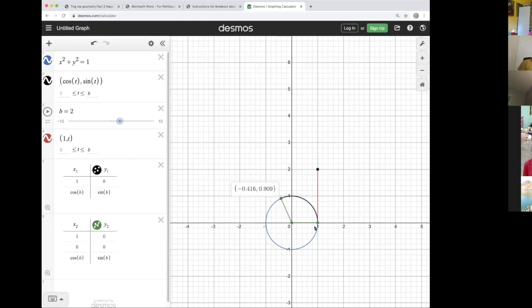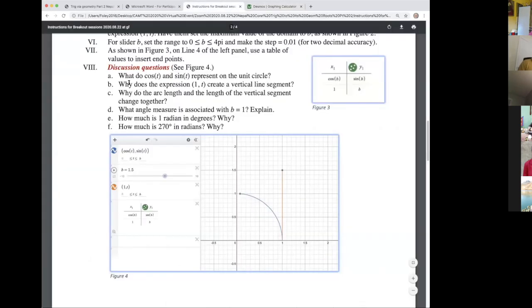So this is really just a line plot from one point to another point to another point, and it forms a central angle there. So in the breakout sessions, the discussions are, what do cosine of t, sine of t represent?